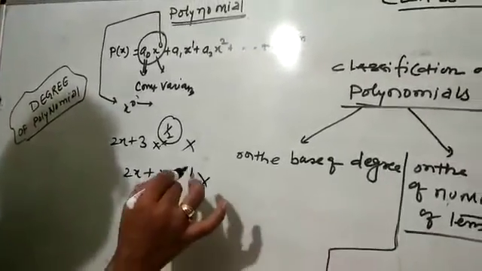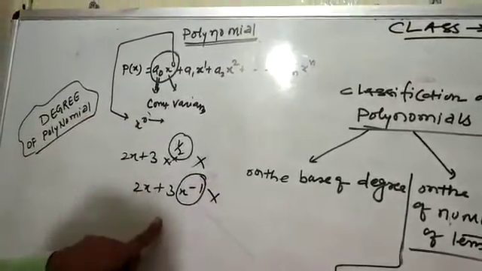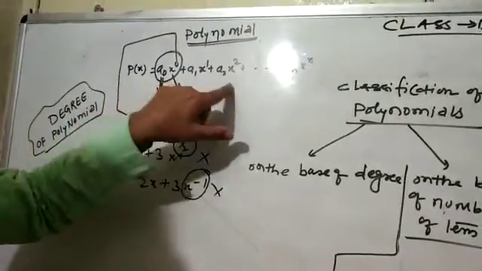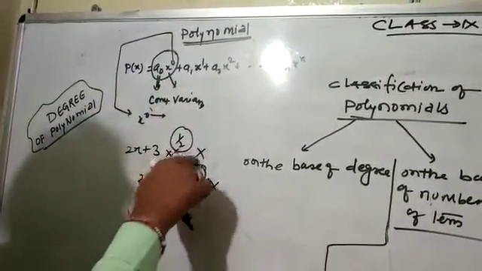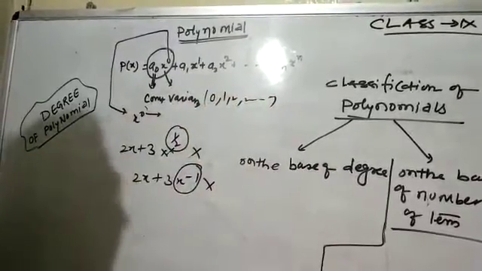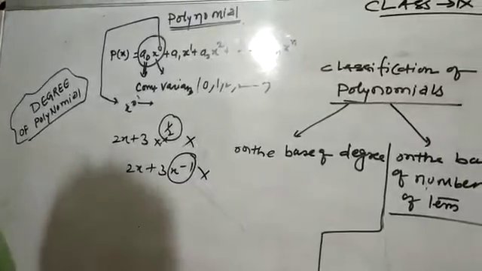No, because the power of x is negative. So always remember that the power of the variable in a polynomial should always be a non-negative integer, meaning 0, 1, 2, 3 and so on. It should not be a fraction or minus 1.